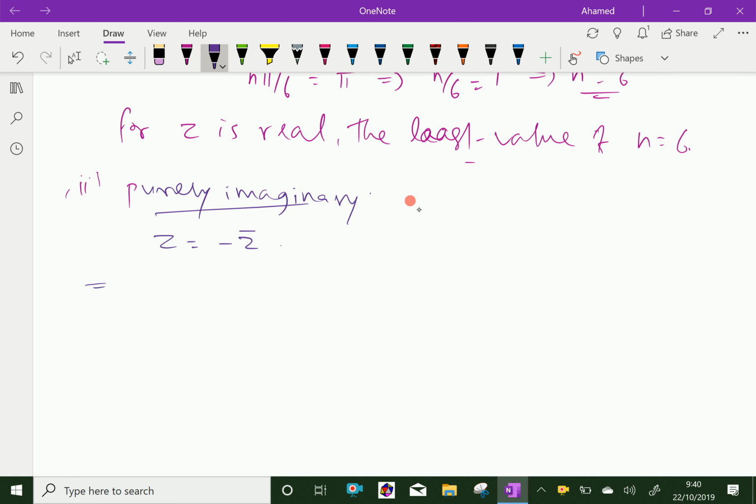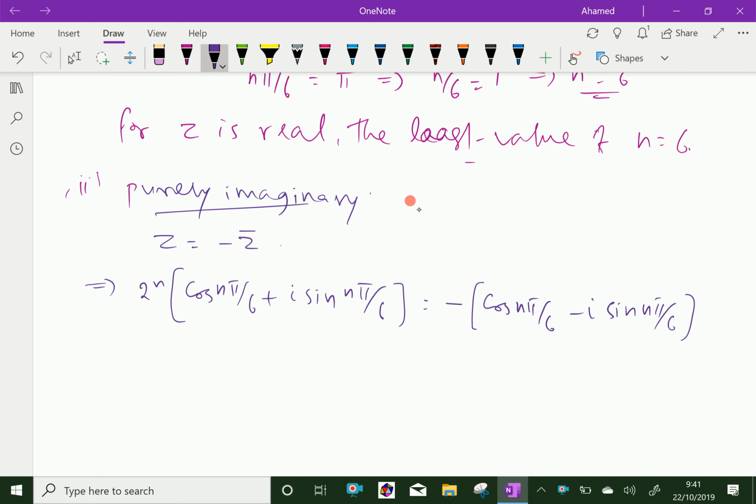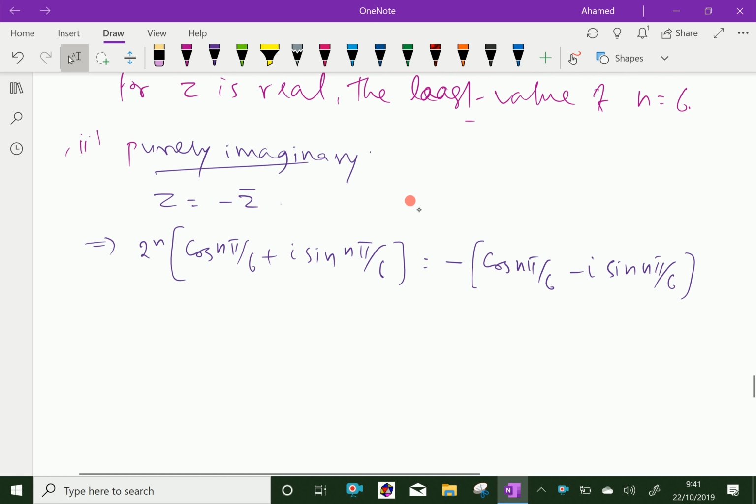So z is, as we already have, 2^n (cos(nπ/6) + i sin(nπ/6)) equal to minus of z bar. z bar is cos(nπ/6) minus, because of the conjugate, i sin(nπ/6).